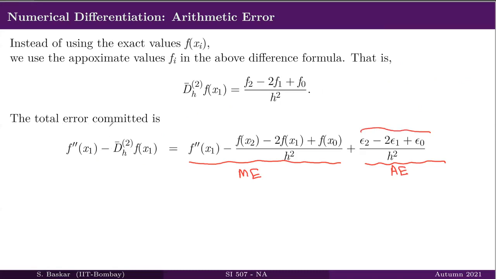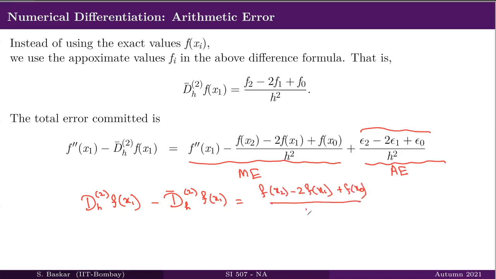Well, I have directly written the total error here. If you want to get the arithmetic error alone, what you should do is, by definition, it is given by the approximate value obtained by using exact function values, that is this, minus the approximate value obtained by using the approximate function values, right? That is this. This is going to be f of x2 minus 2 f of x1 plus f of x0 divided by h square.